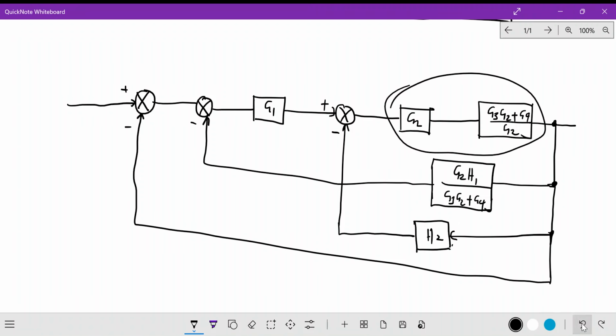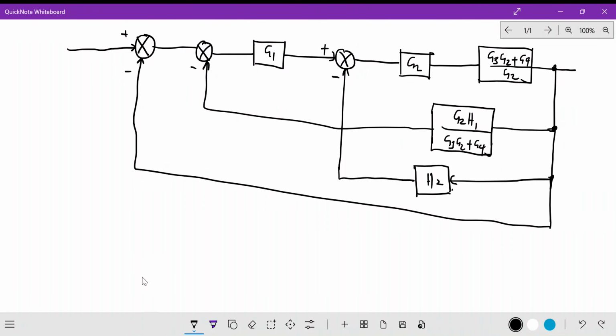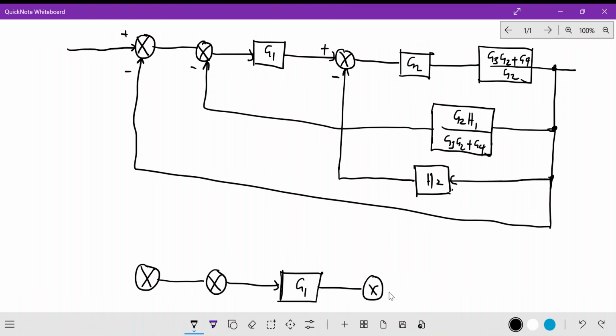So now you see that this is now in series, right? So you can multiply the two. So I have G2 multiplied by G3, G2 plus G4 over G2. G2 and G2 cancel out, isn't it? Okay, so what you're going to end up having is something like this. So you have G1, okay, this is G1, and then here you have a summing point.